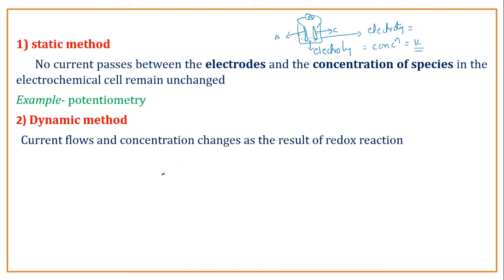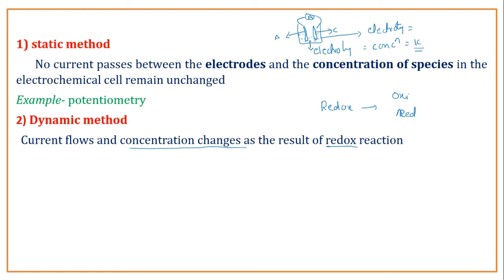Due to this, the concentration of the electrolyte is going to change. This results in a redox reaction. Obviously, in electrochemical reactions, oxidation takes place at one electrode and reduction at the other. So in the dynamic method, the current flows between the electrodes, and thereby you can observe changes in the concentration of the electrolyte.